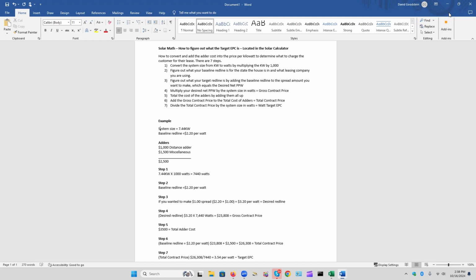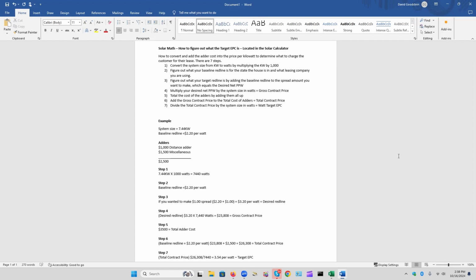What we're doing is adding the cost into the price per kilowatt to determine what to charge the customer for their lease. And there's 7 steps in which to do it. We're going to convert the system from kilowatts to watts by multiplying the kilowatt size by 1,000.